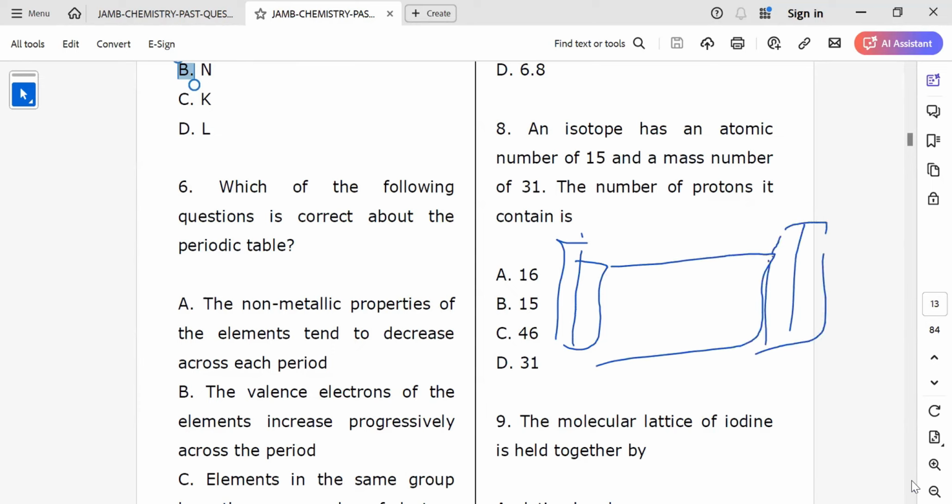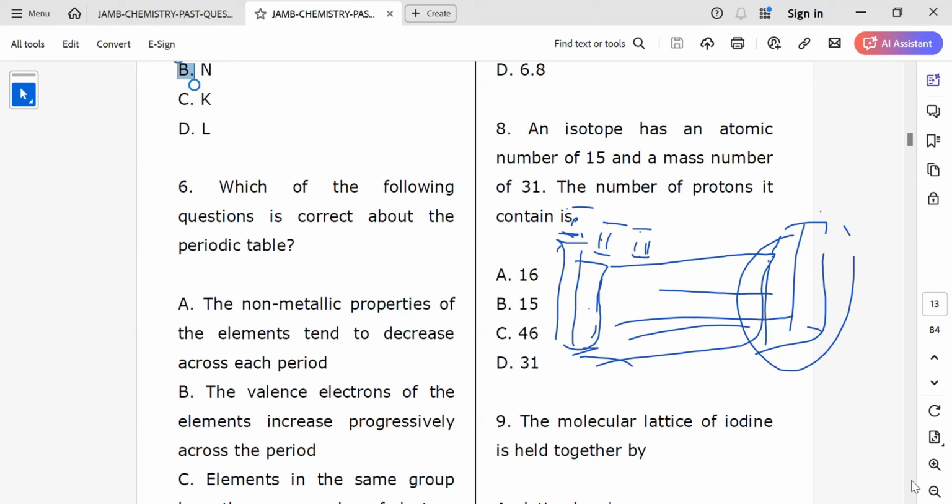You know that generally the elements found on the left here are metals. The elements usually found at this side, like group 1 here, group 2, are metals, and then we have group 3.